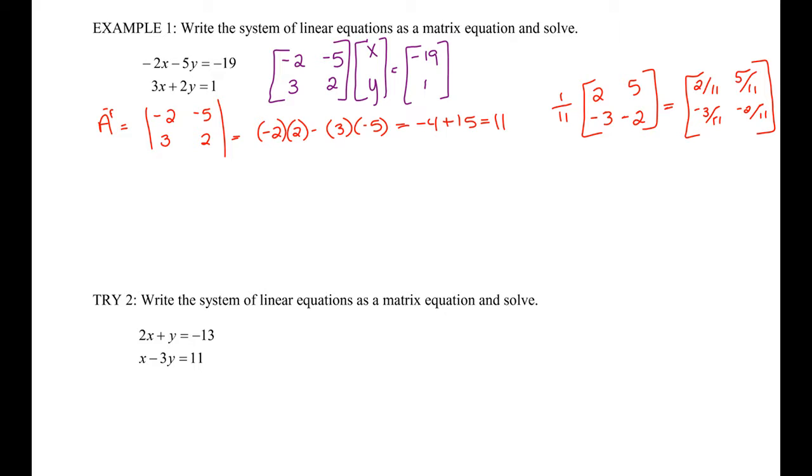Alright, our next step is going to be to take the inverse matrix and multiply it by both sides of the equation.